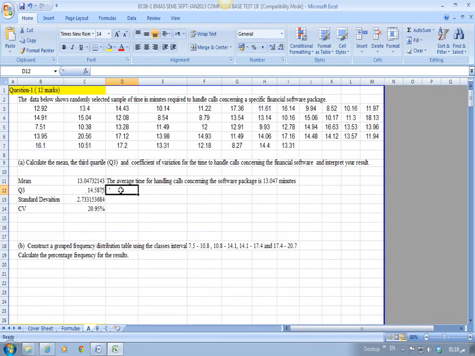The second one is quartile. Third quartile, you can say upper 25%, or you can say greater than or less than 75%.